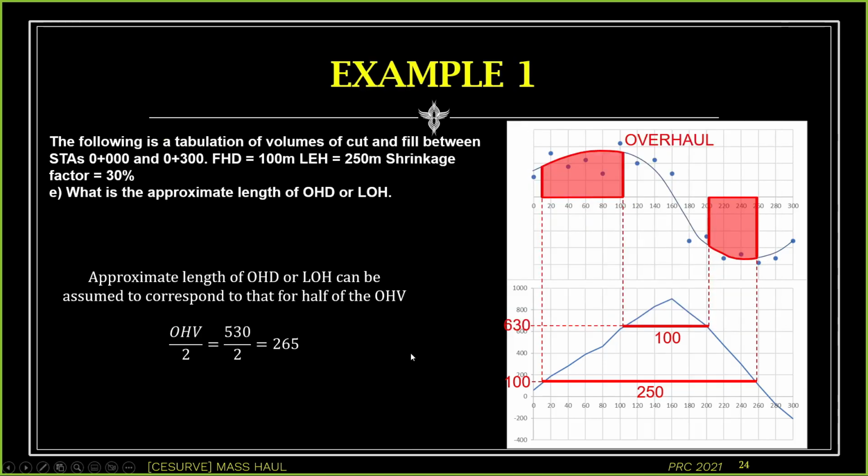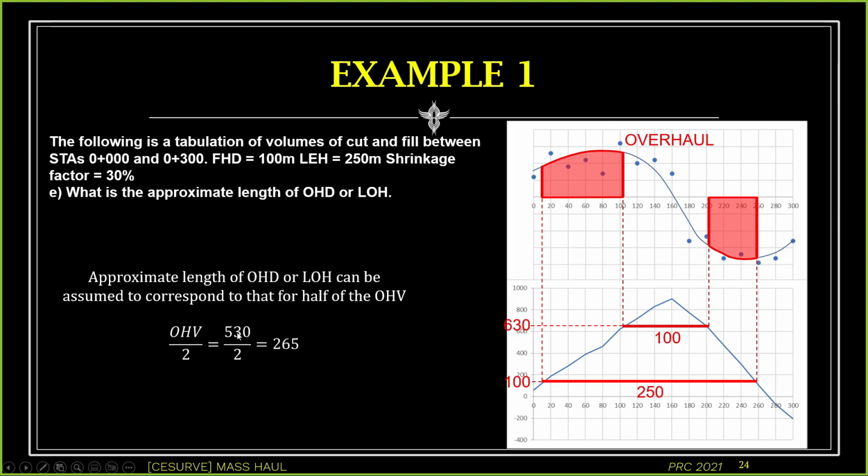Next. Approximate the length of overhaul distance, or the length of overhaul, can be assumed to correspond to half of the length of the OHV. Assumption lang that the length of overhaul is 1/2 of the OHV. Okay?